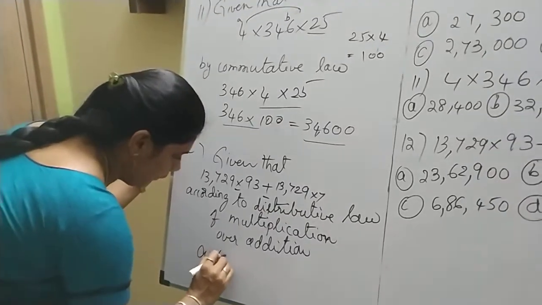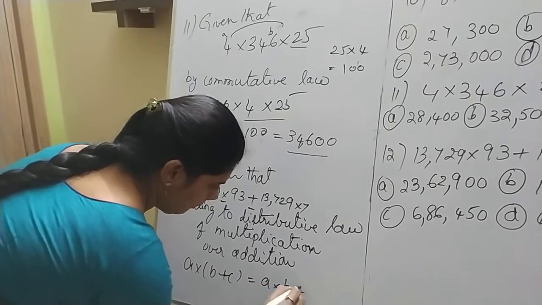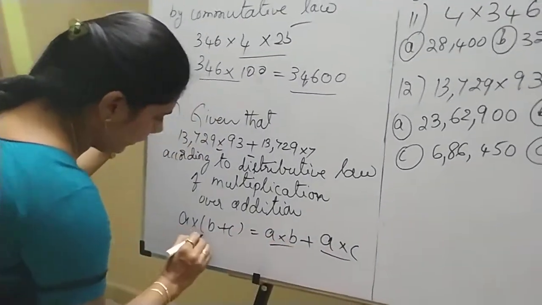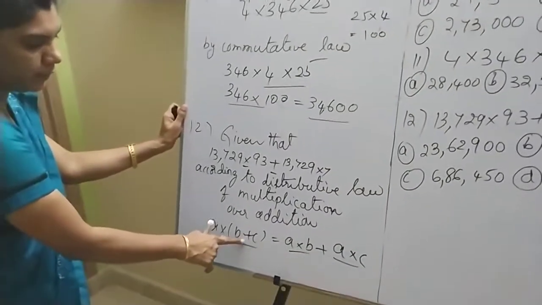A into (B plus C) is equal to A into B plus A into C. You can multiply individually. So this is distributive law of multiplication over addition.